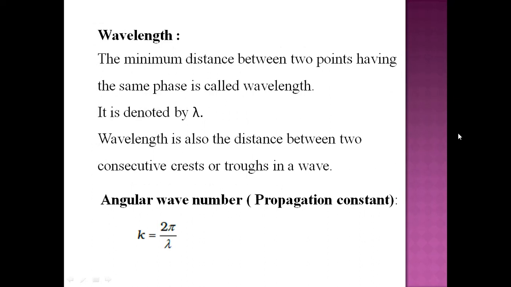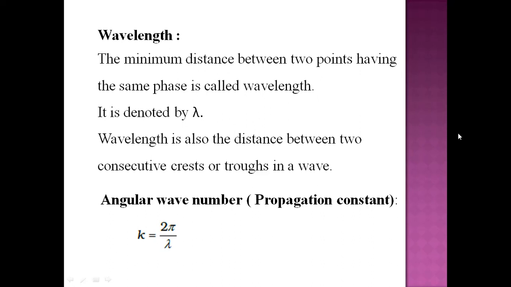What is wavelength? The minimum distance between 2 points having the same phase is called wavelength. For example, wavelength is the distance between two consecutive crests or troughs in a wave. Wavelength is denoted by lambda.